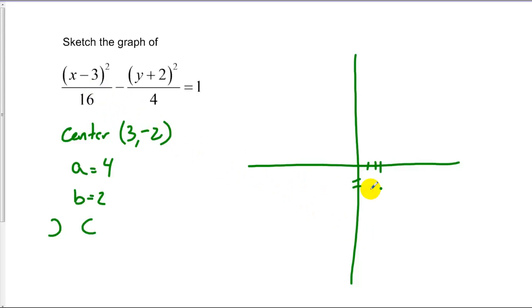I know this is horizontal, so my a term goes out 4 in each direction. My b term goes up 2 in each direction.